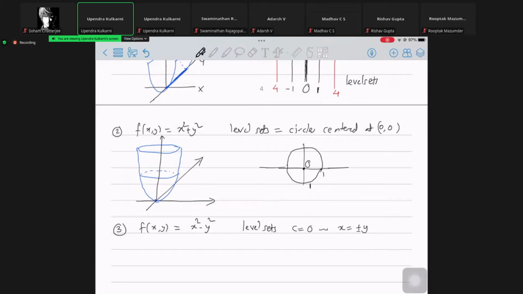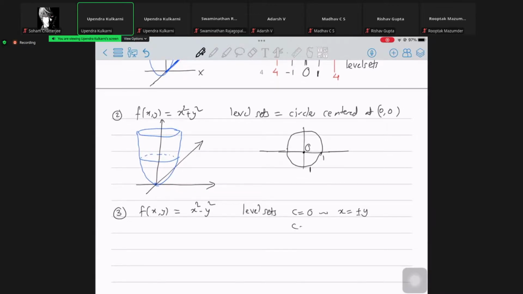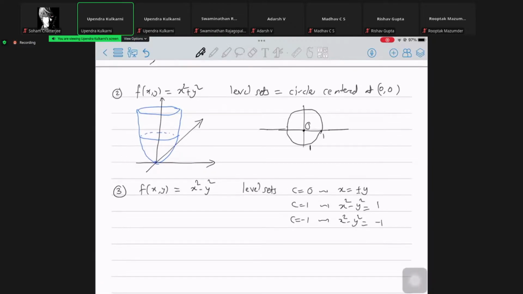All right. So let's take c equal to 1. That tells me that x square minus y square equals 1. And let's say c equals minus 1. That tells me x square minus y square equals minus 1. Okay, so let's draw these level sets.